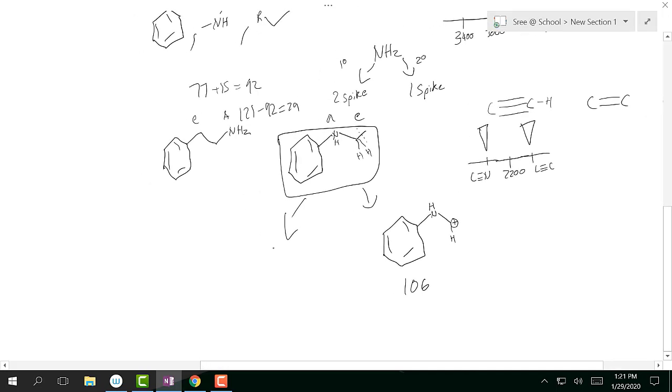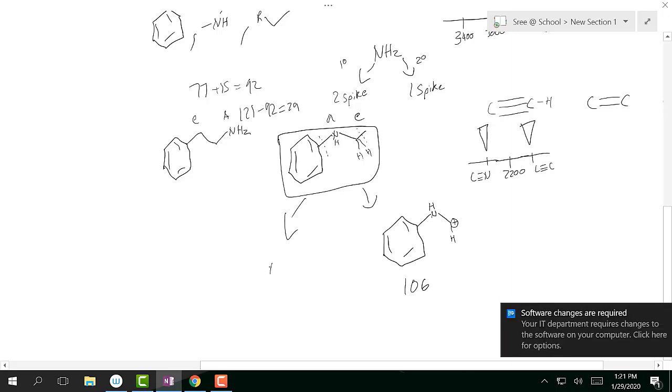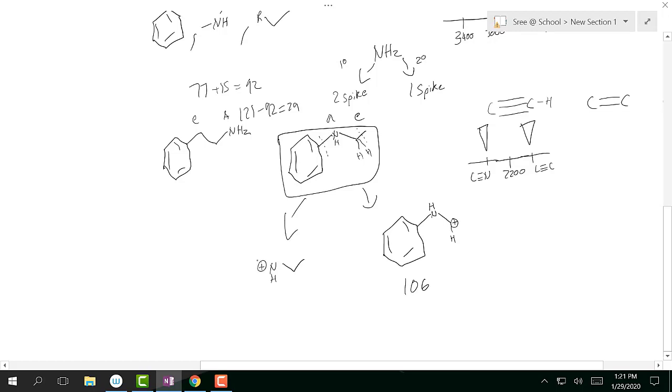You're cutting out a benzene ring, so you're cutting right here. So all you're left with, it should look like that. I haven't looked at the answer key, but yeah. Wait, actually, sorry. So 77 is what?